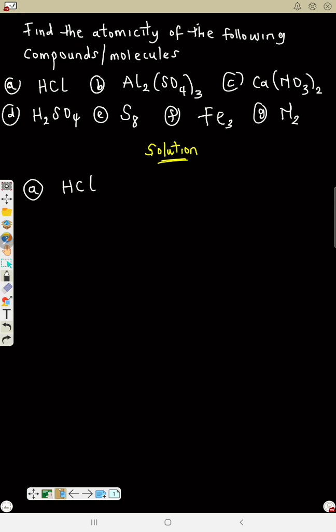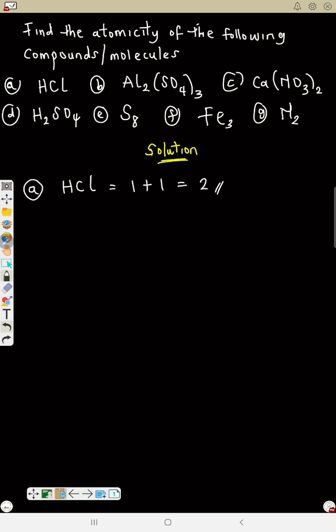In hydrogen, do you know it is one that is there but invisible? Chlorine, what do you have? One, invisible. That means the atomicity of HCl will be equal to 1 plus 1, which is equal to 2. That means the atomicity of HCl is 2, meaning we have two atoms of elements here, that is hydrogen and chlorine.